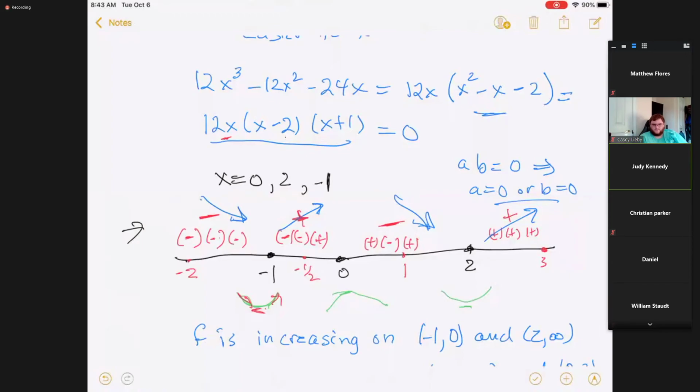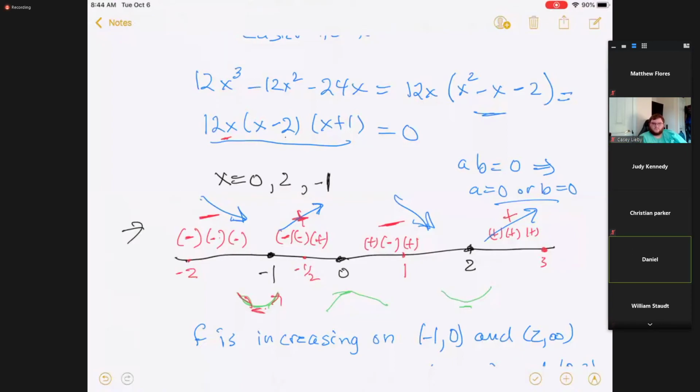Yeah. Since we found all the places where the derivative could be 0, we found all the places where it can go through where it is 0. That means that in between those places, the derivative's either positive or negative, because the places where it's 0 are the only places where it can change sign.